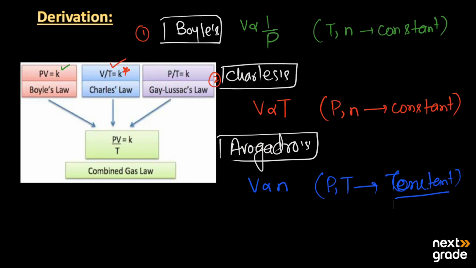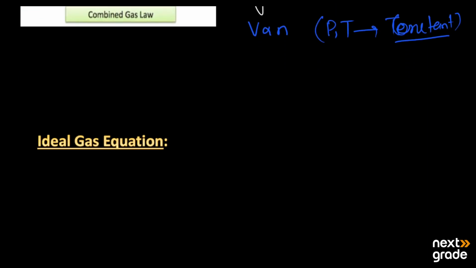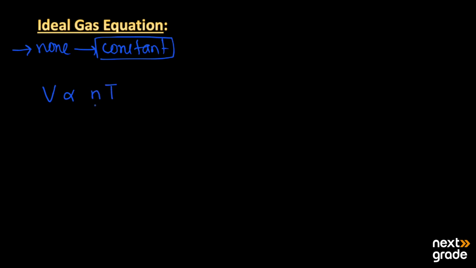So if we think for a moment that none of the variables is kept constant, then what will the equation be? By compiling all this, we have the effect on the volume, which has a direct relation with number of moles and temperature, and an inverse relation with the pressure.